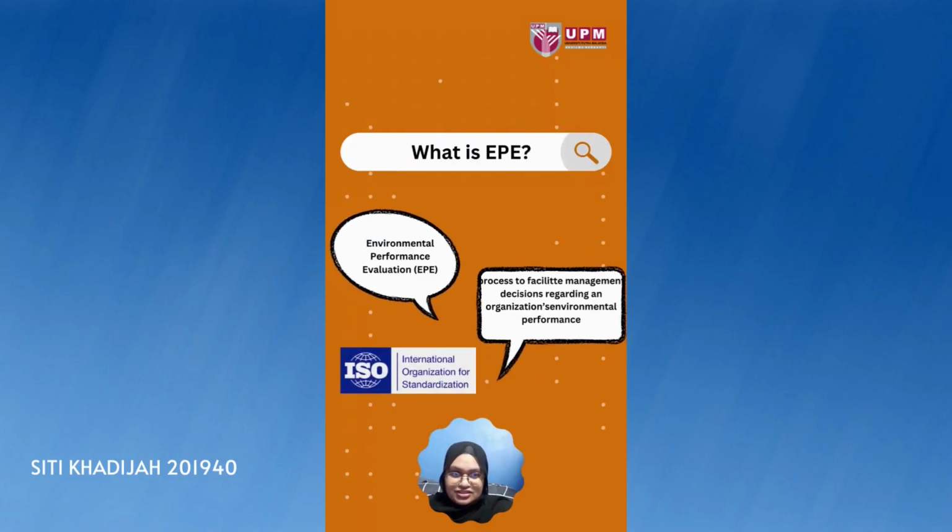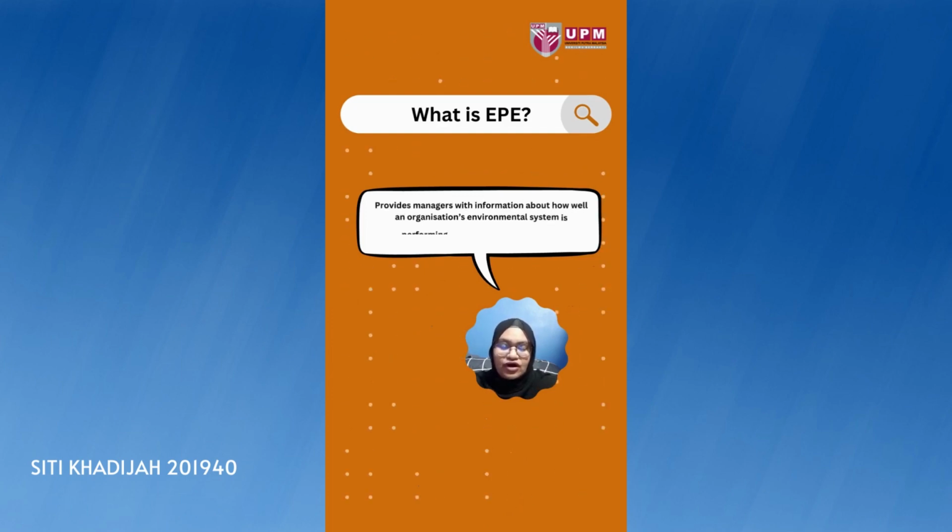According to the International Standard Organization ISO 14031, Environmental Performance Evaluation (EPE) is a process to facilitate management decisions regarding an organization's environmental performance by selecting indicators, collecting and analyzing data, assessing information against environmental performance criteria, reporting, communicating, and periodically reviewing and improving this process.